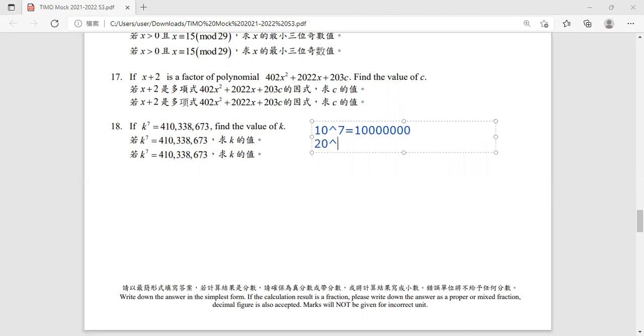But how about 2 to the power 7? 128. Now you'll find that this is 10 digits. So you know that k must be between 10 and 20.